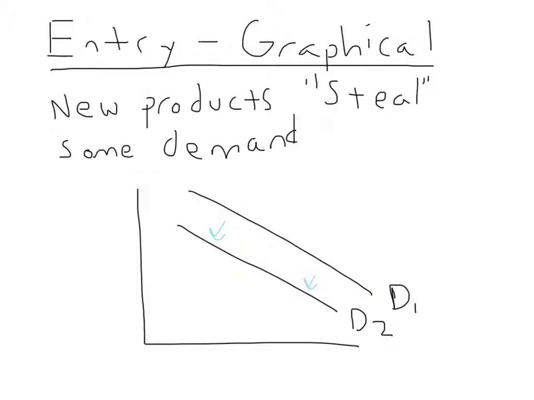My marginal revenue curve will likewise shift down, so here's MR1 associated with D1. MR2 will be further inward. So you can do some comparative statics and see that if my marginal cost curve looks like this, the Q that I output will go from here, Q1, down to here, Q2. So competition will push all the firms in the market to produce less each individually, although collectively, since there's more of them, they could produce more as a whole.